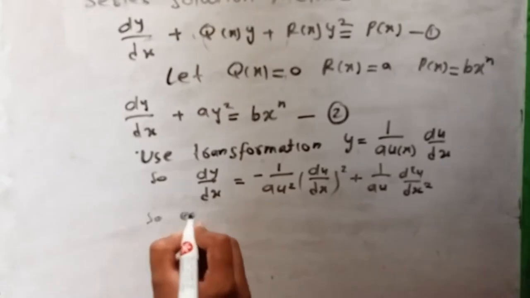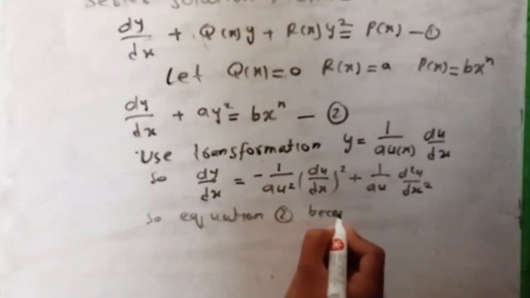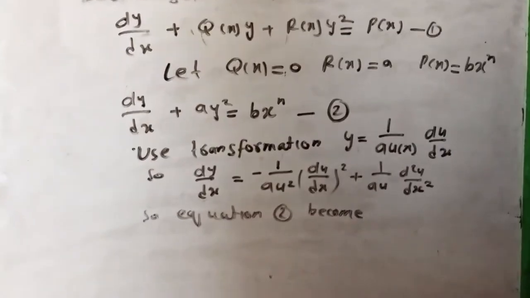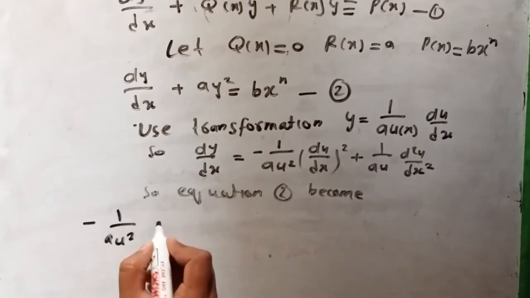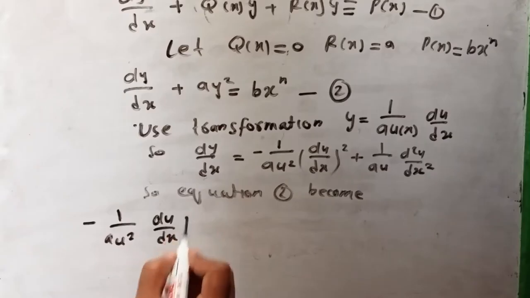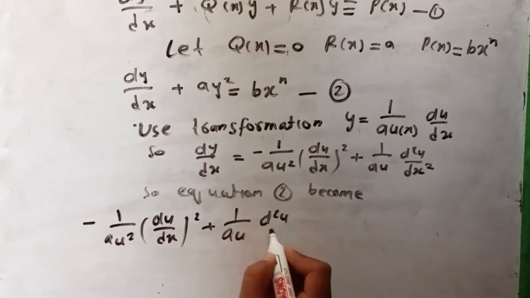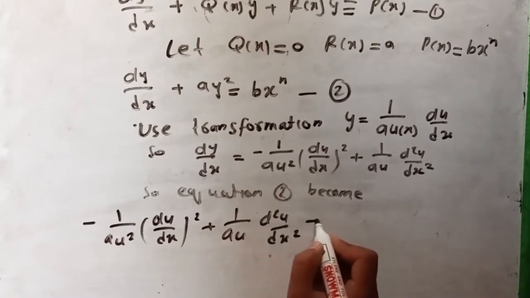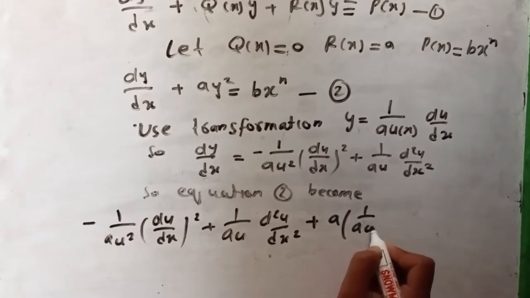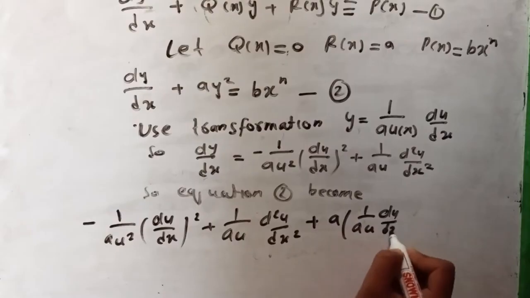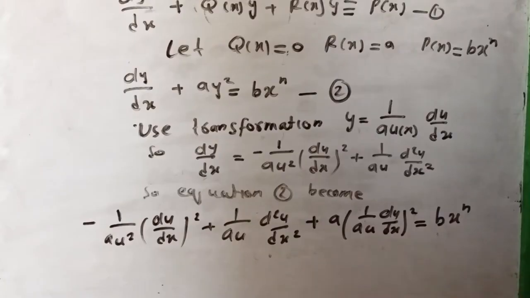So equation 2 becomes minus 1 over a u square du over dx whole square plus 1 over a u d square u over dx square plus a multiplied by 1 over a u du over dx whole square is equal to b x raised to power n.